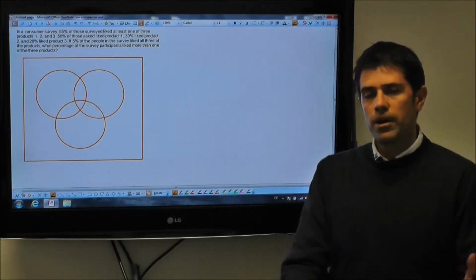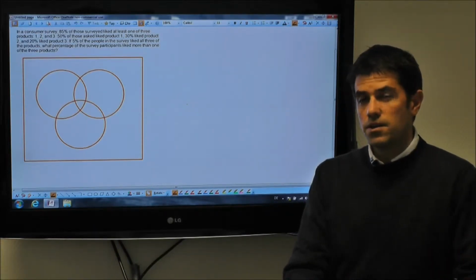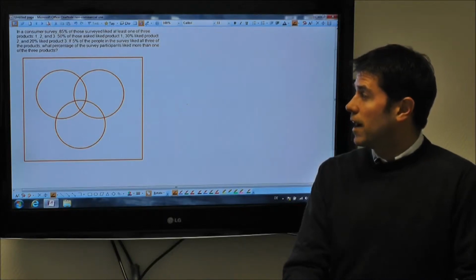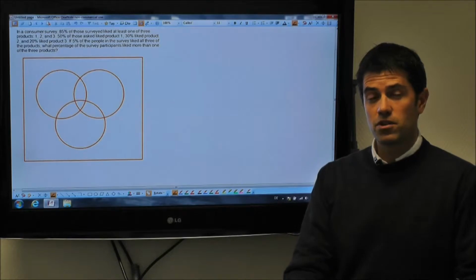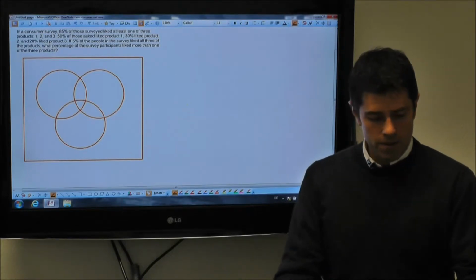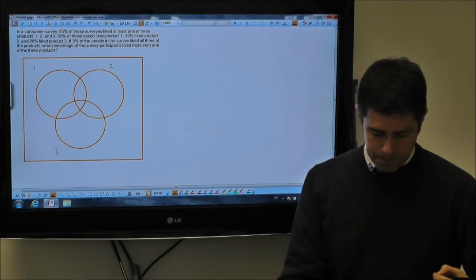Now, normally, to get a sense of what's going on when you're working with Venn diagrams or set problems, I try to take all of the information from the text and put it into the Venn diagram so I have a much clearer picture. So in this case, we have three products, product 1, 2, and 3.